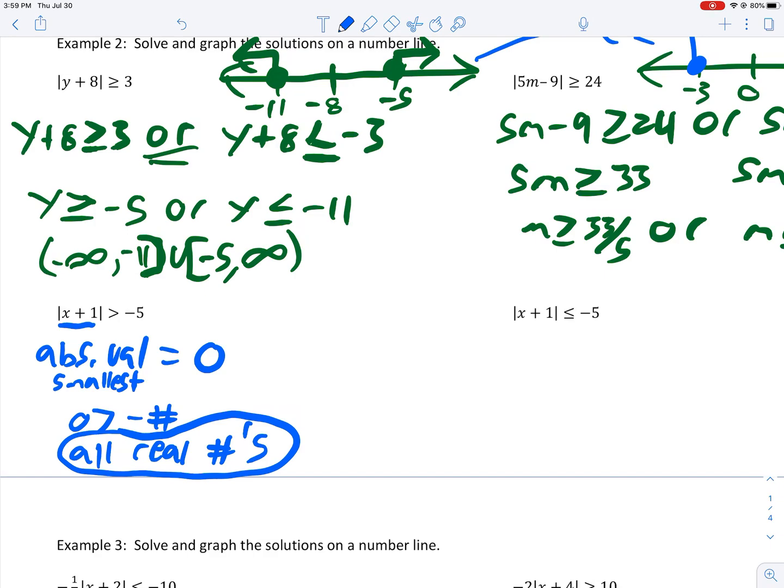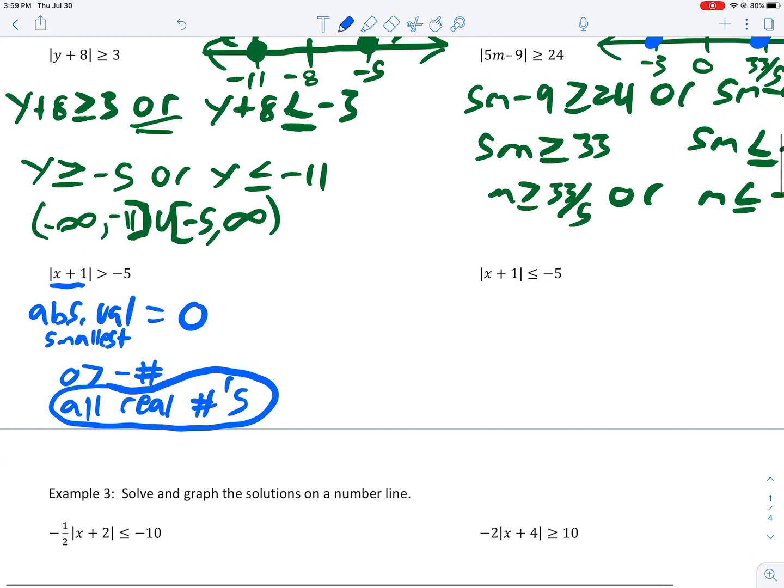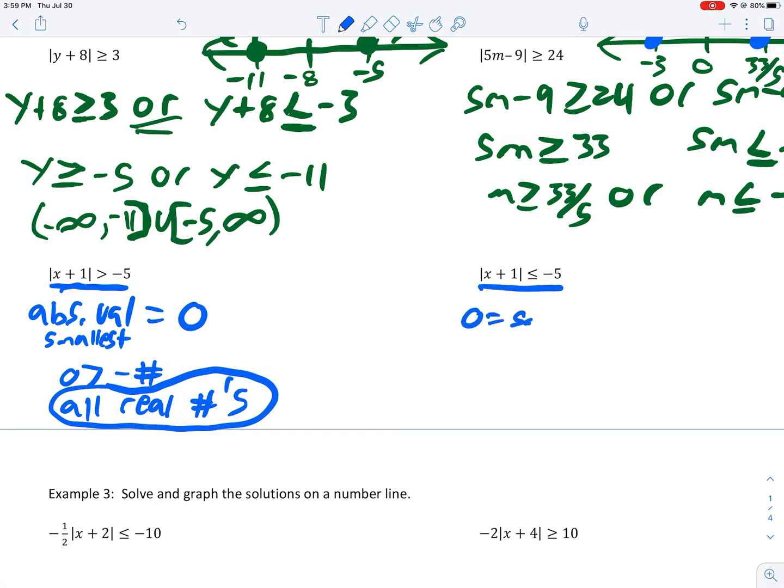Any number you plug in will give you a value that is greater than negative 5 when you take the absolute value of it. Now if you go to the next one, notice the only difference between the two problems is now it's less than or equal to. So you need a number that has an absolute value less than negative 5.